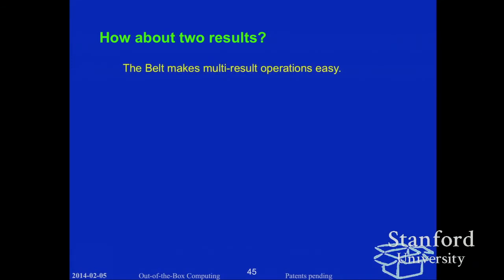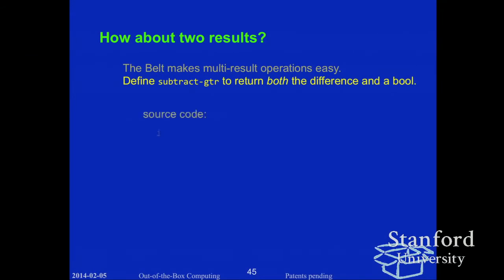One possibility would be to have the subtract produce two results, or at least some flavor of subtract to produce two results, both the numeric result of the subtract and also a flag saying it was greater. Well, we could define such an operation, let's call it subtract greater, that returns both the difference and a Boolean as two different results. That works. It would look like that. Now we're just in one instruction. It's up phase and rudder phase.